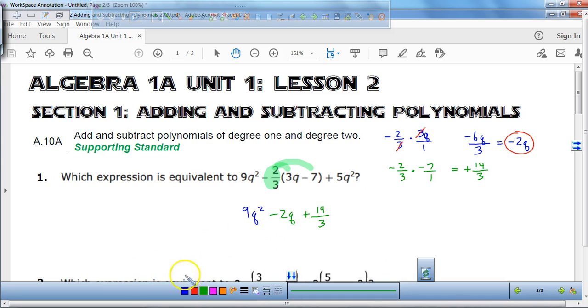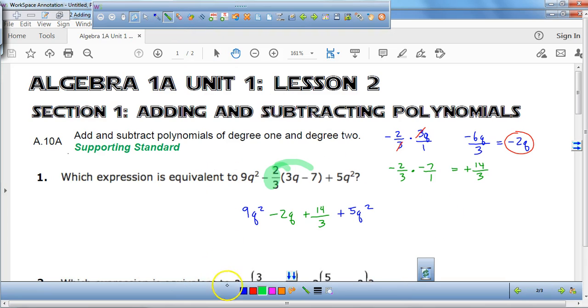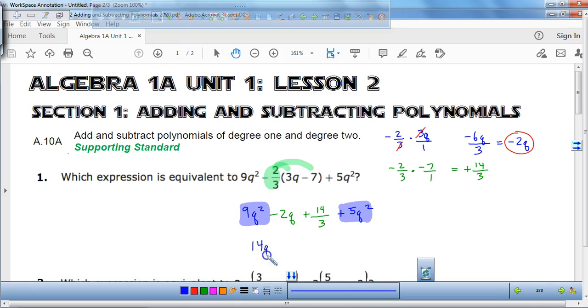And then what do we have here at the end? We have plus 5q squared. Now the only thing you can combine on this problem is the 9q squared and the 5q squared. You can combine those, which gives you a total of 14q squared minus 2q plus 14 over 3.